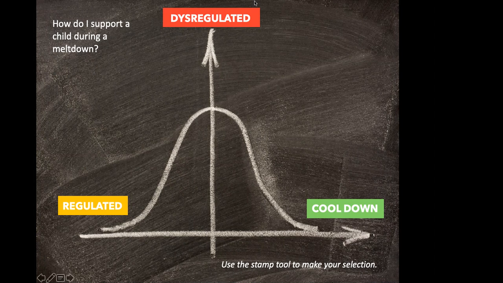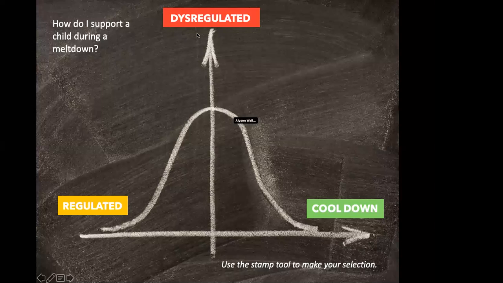So reach up to the top of your screen, click on the little pencil icon that says annotate. Little box will pop up with a stamp. You guys can select a stamp and put it on the screen to tell me, where do we support a child during a meltdown?